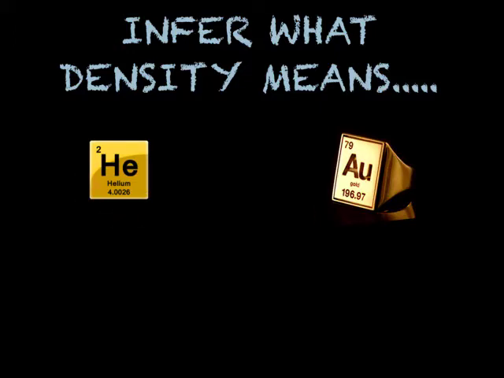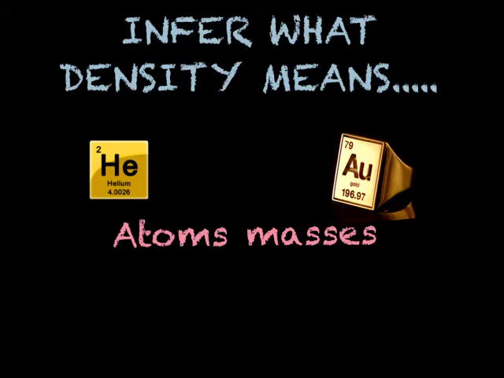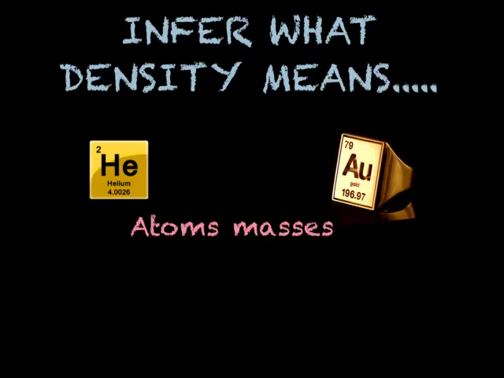Helium's mass is much lighter than gold's mass. The atoms' masses have a ton to deal with when it comes to density. The more massive the atoms or the molecules, depending on what you look at, the denser the object will be.